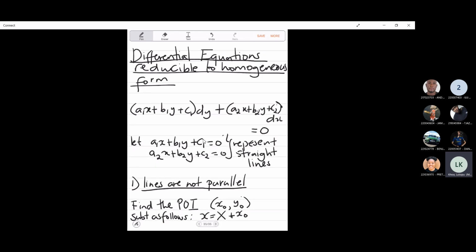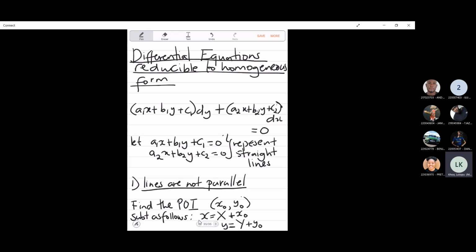And then the same thing with y. Y is going to be this capital Y plus y naught. So everywhere we have y, we are going to put a capital Y plus y naught, and the y naught is the y coordinate of the point of intersection.